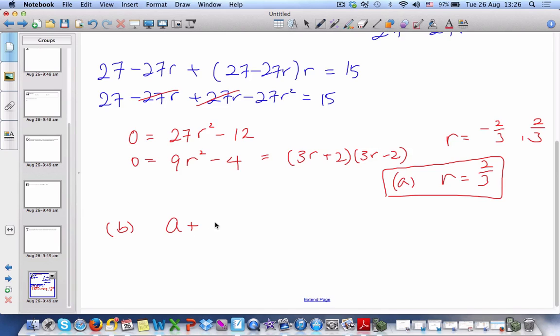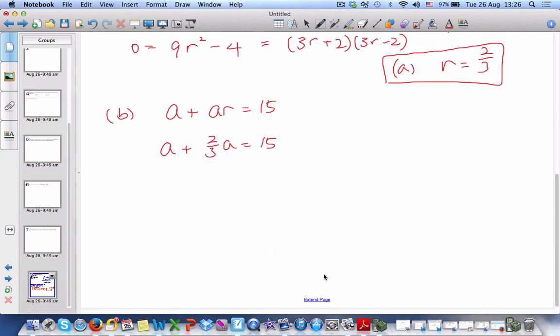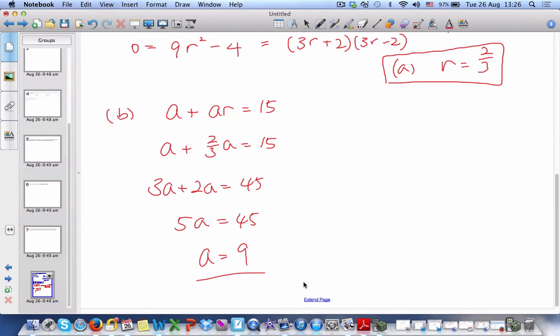A plus AR is equal to 15, but I know what R is now. A plus 2 over 3A is equal to 15, and I have one variable with one equation I can solve now. Well, I'll just multiply everything by 3. 5A is 45, and A is 9. So there you go.